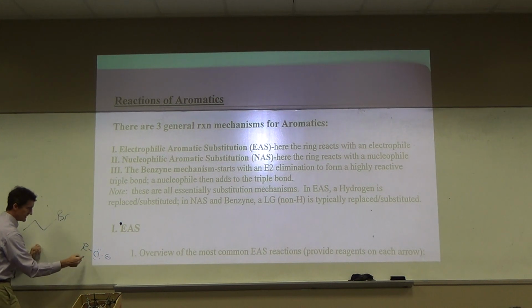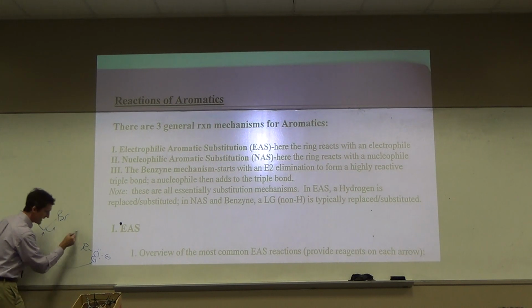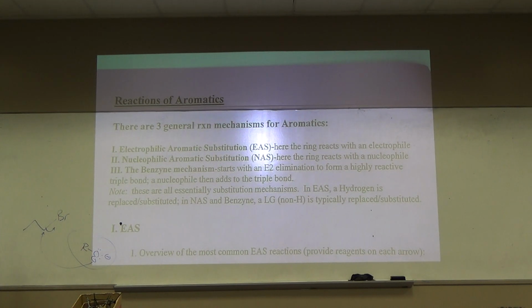You generate this, and then you come in here and you kick off the leaving group. But what is this thing reacting with? What do you call this? Nucleophile. But in EAS, we don't react it with a nucleophile. We react it with an electrophile. So it's the opposite. And so you're going to have opposite things going on, and you're going to get confused, I think, until you really master the material. Okay? Be careful about that.